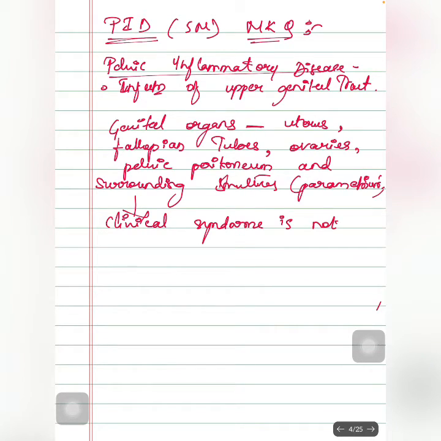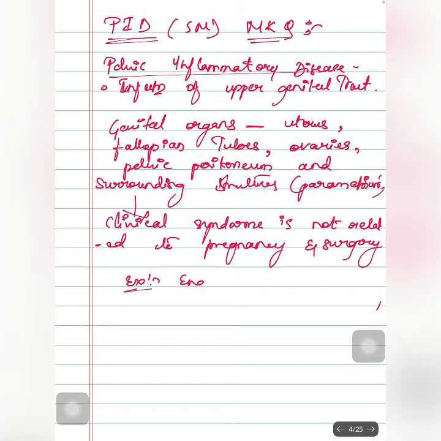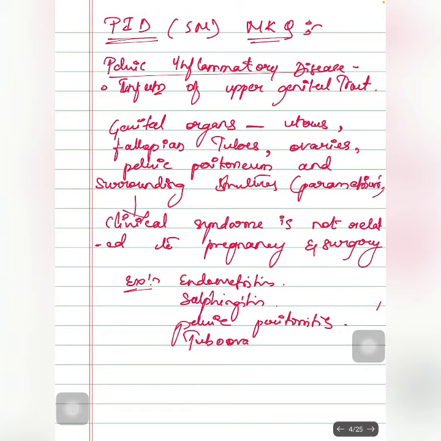This infection may include any or all of the following anatomic sites, such as endometritis, salpingitis, pelvic peritonitis, tubo-ovarian abscess, or parametritis.